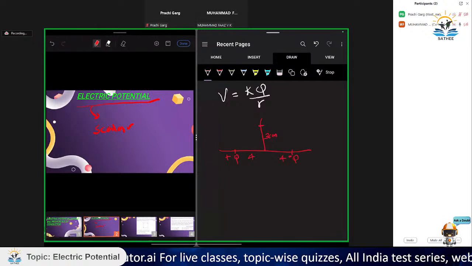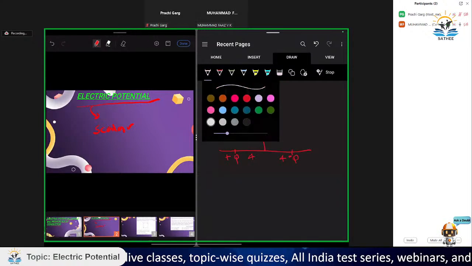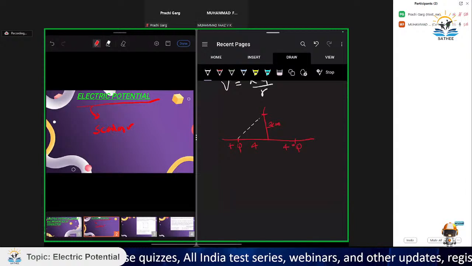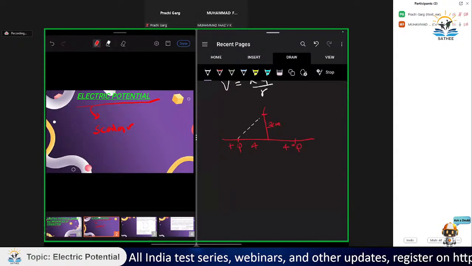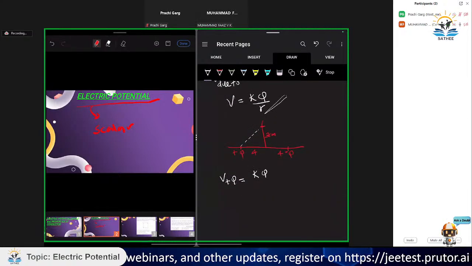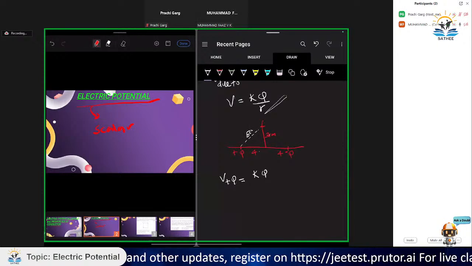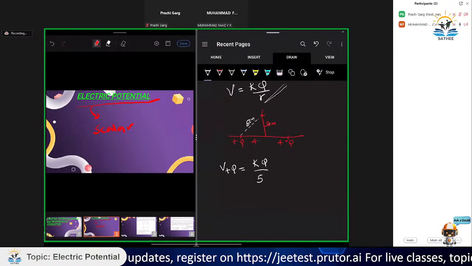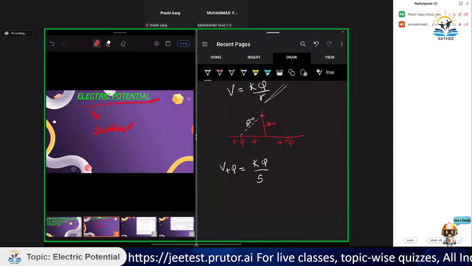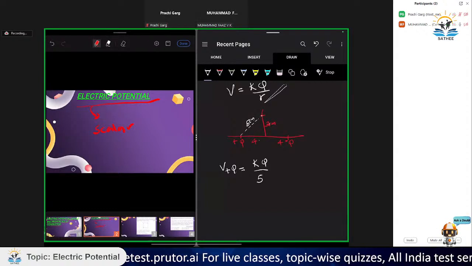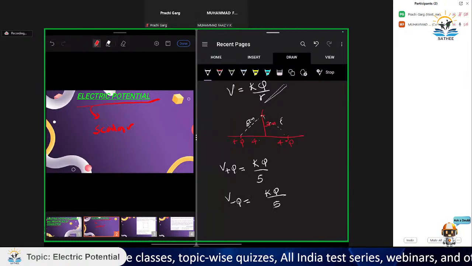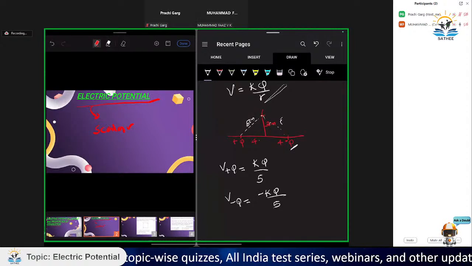See, potential due to plus Q is KQ by R. Simple. If it is 3 and it is 4, then it will be 5 centimeter. So KQ by 5 will be the potential due to plus Q at this point. For minus Q, the distance is again the same 5, KQ by 5, but that will be minus because of the minus charge.